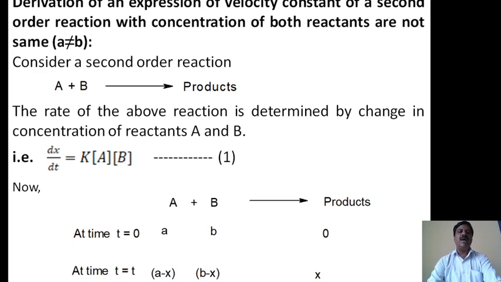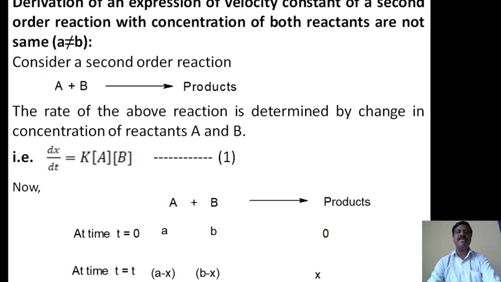For that, consider A plus B giving product. At initial time, before the reaction takes place, that is at time t equal to 0, let A mole per dm cube be the initial concentration of the reactant A and B mole per dm cube be the initial concentration of the reactant B. And there is no product because time is 0.